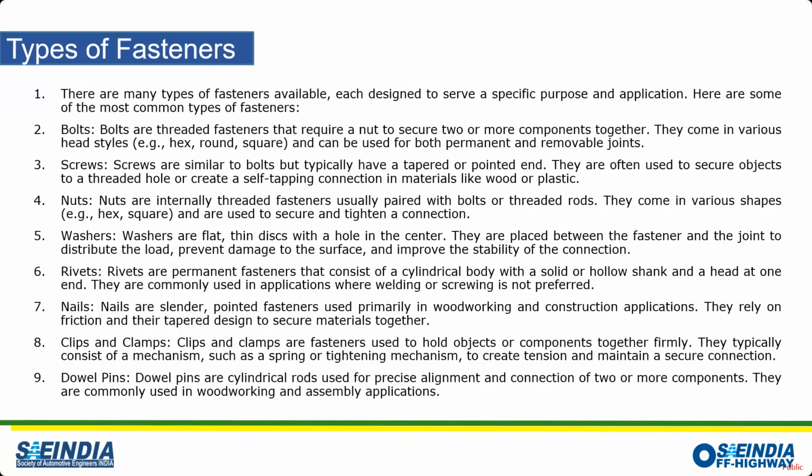So these fasteners come in different types like bolts, screws, nuts, washers, rivets, nails. Every type of fastener or hardware will have its specific purpose. Sometimes you can use just the bolts with the threaded opposite part, and you can fasten the two parts.